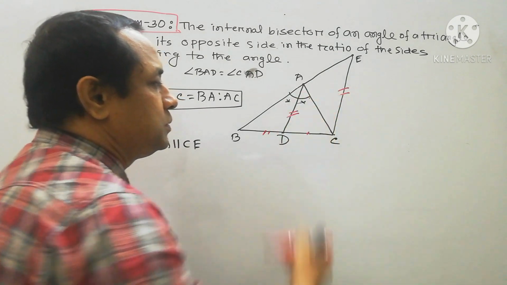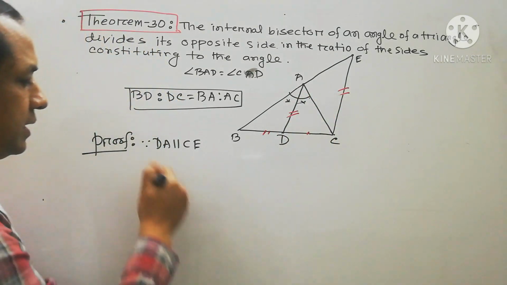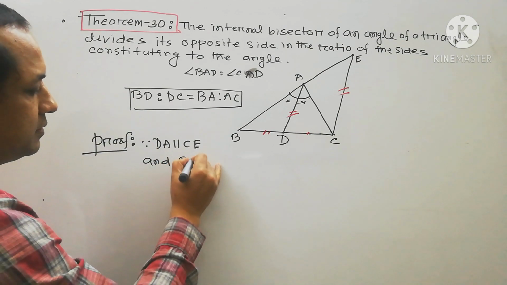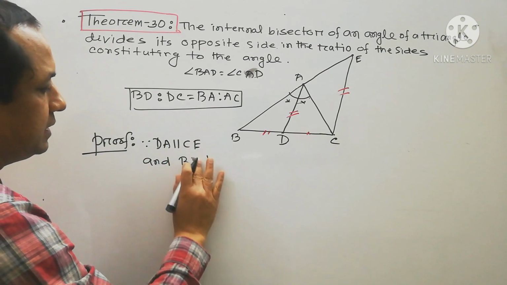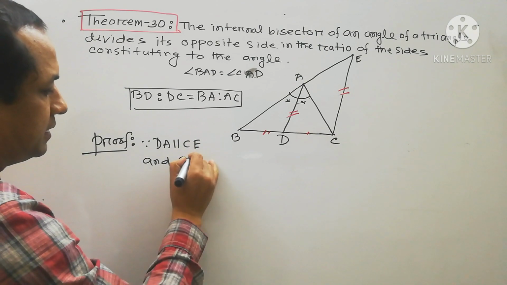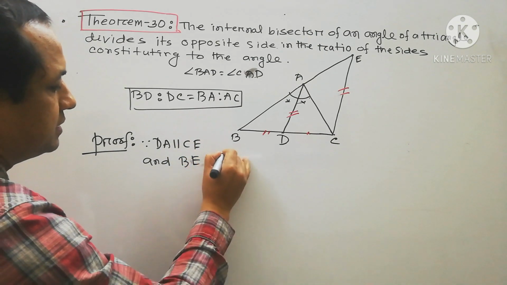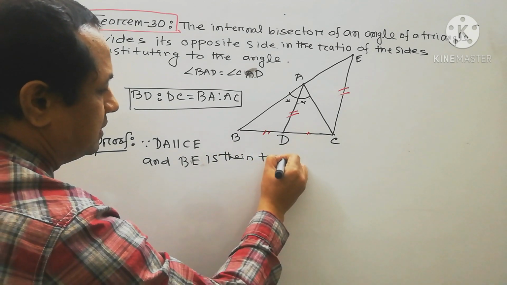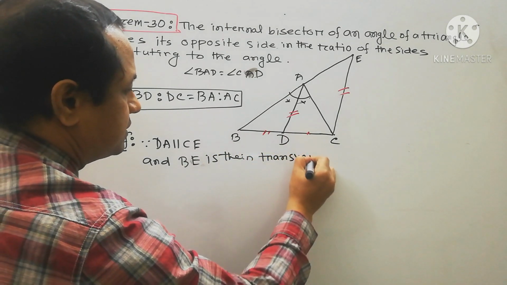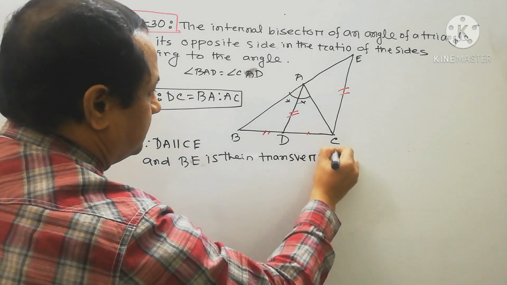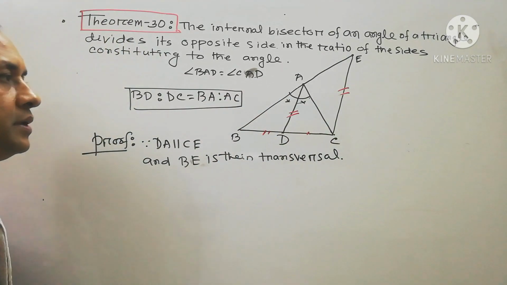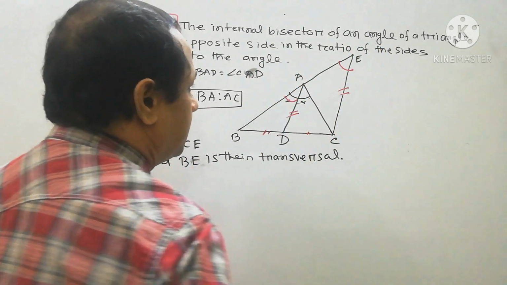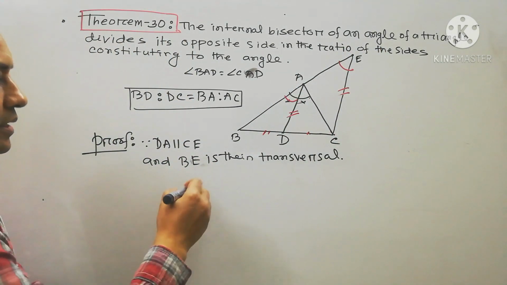DA is parallel to CE and BE is their transversal. Now this angle and this angle are equal, corresponding angles.